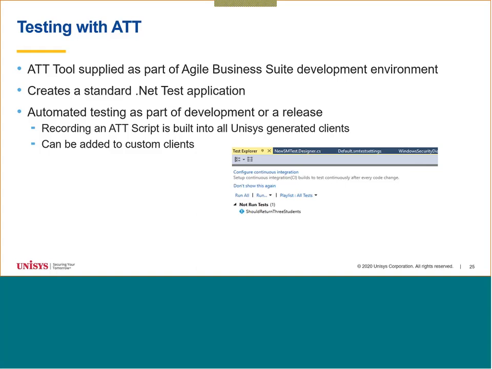And there's an option in all the Unisys generated clients, like the VB Forms client and all the others, to enable creating an ATT test. Alternatively, if you've written your own clients within a component enabler, there are a couple of new or extra methods to say turn on the capture process, turn on creating an ATT script.